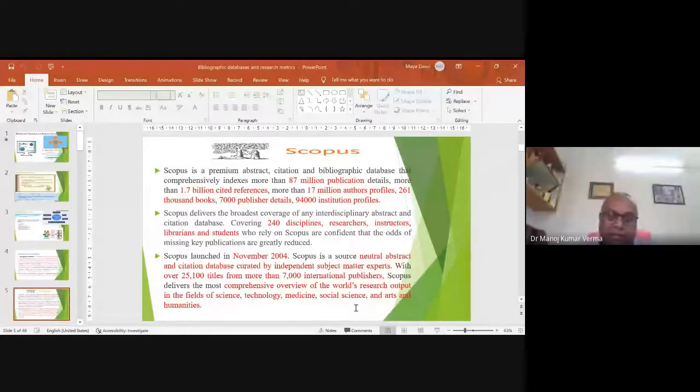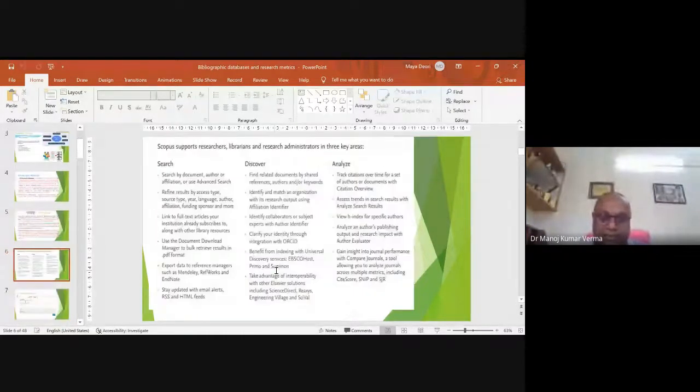So at that time I was talking about the Scopus database. It is one of the biggest, and I was on discovery. By using Scopus, we can discover different types of new information on the basis of its coverage. Then the last feature it gives is analysis.